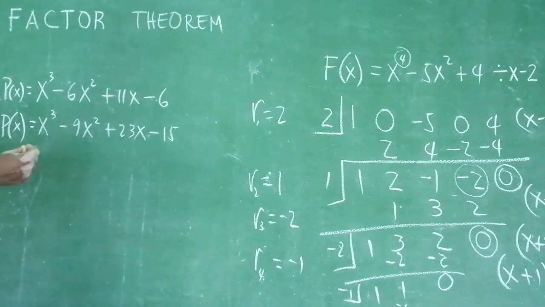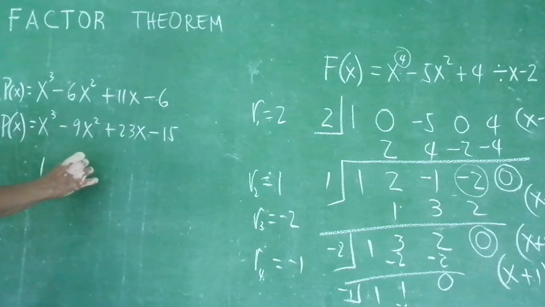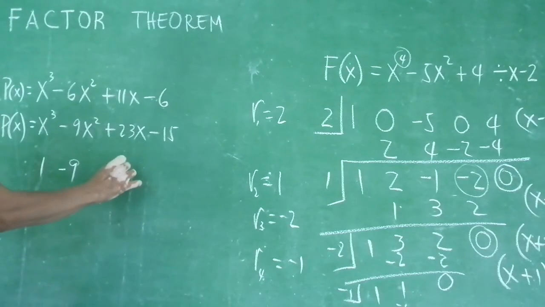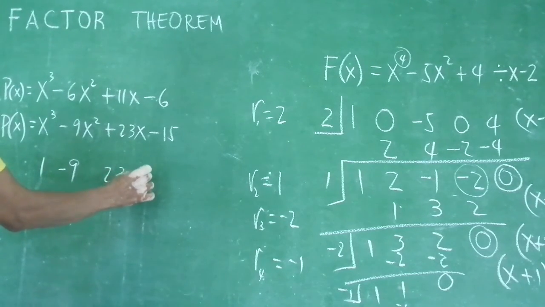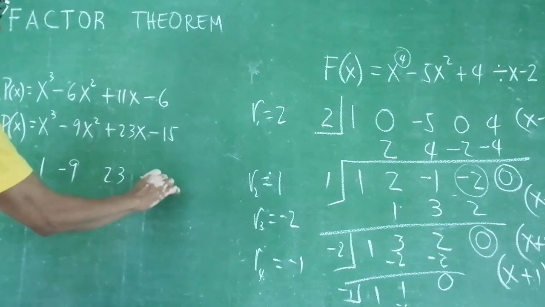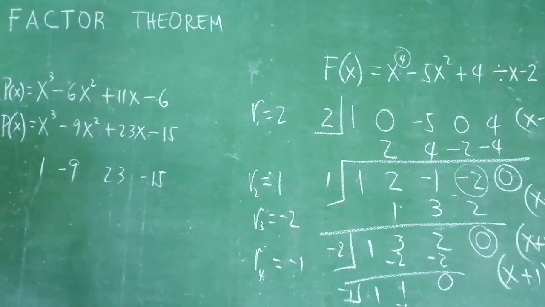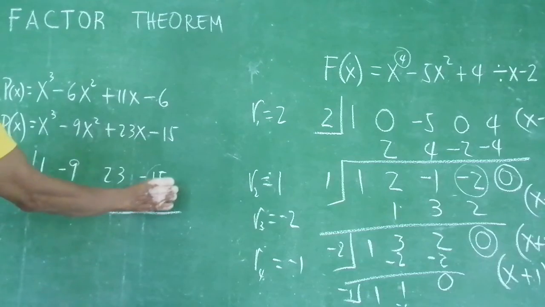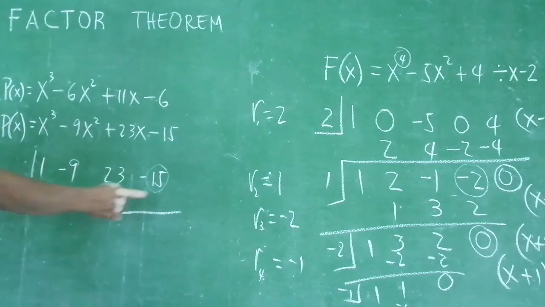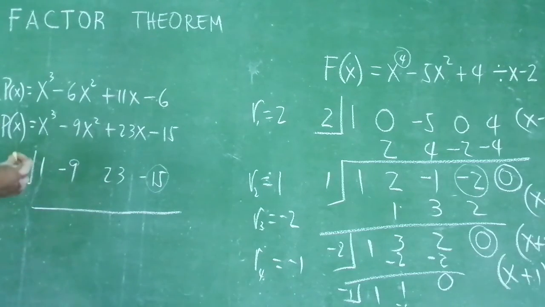This one, by synthetic division. Let's list 1, negative 9, 23, and negative 15. Let's get the factors from this last number here. We try to factor. So maybe one factor there is 5.